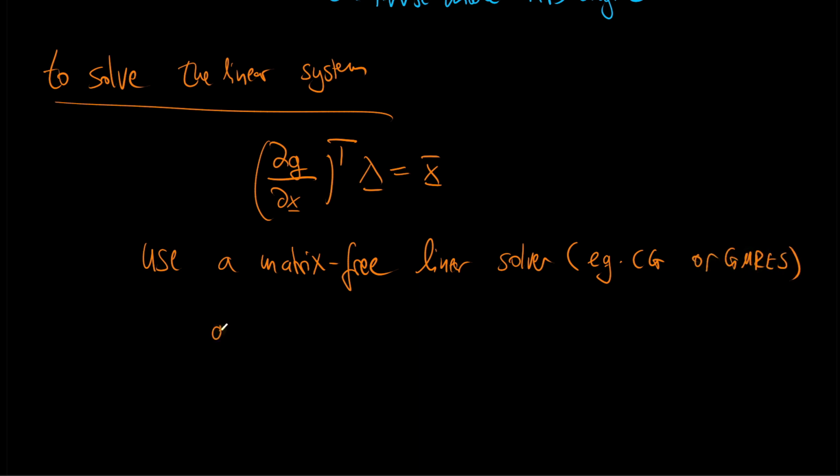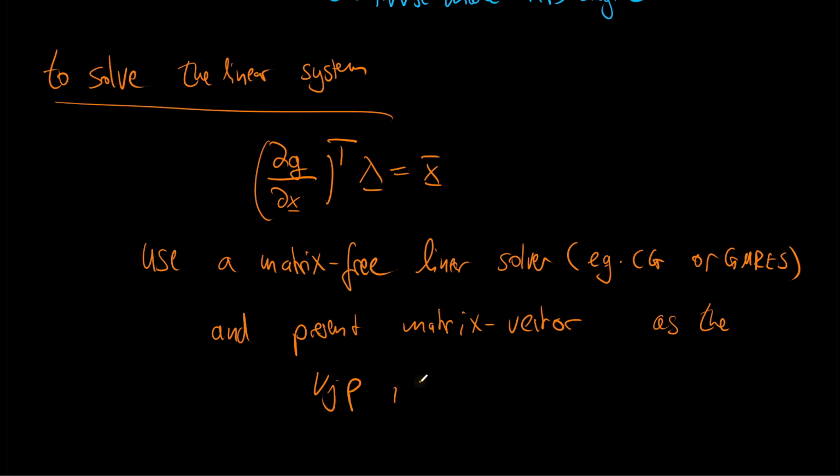And then we have to provide the matrix-vector product, which is the essential ingredient to get the CG or the GMRES method to work: the vector-Jacobian product. So as the VJP, the pullback, or the Jacobian-transposed-vector product, however you want to call it. And we do that with the help of the reverse mode AD engine.